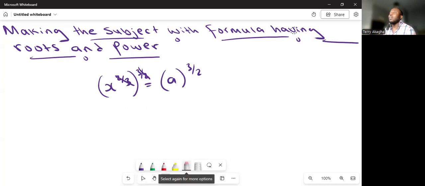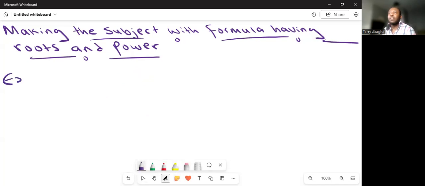All right, so let's get straight into it. So let's pick this example here. We're told to make x the subject of the formula in the following cases.